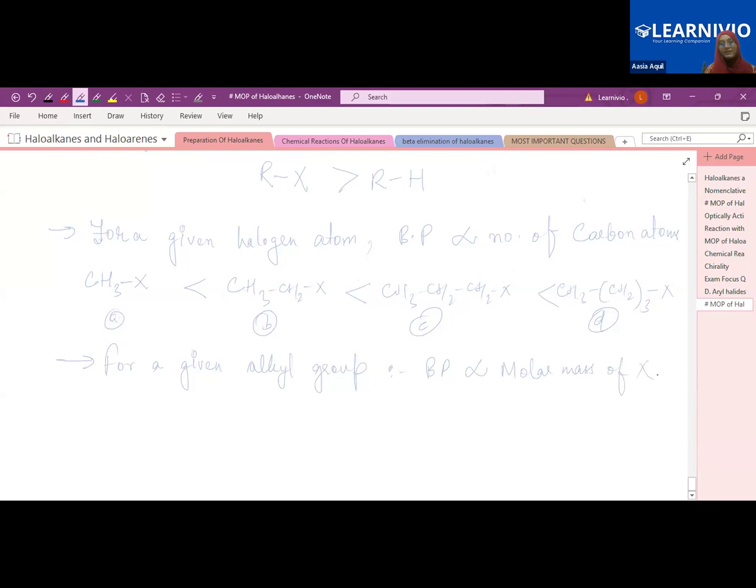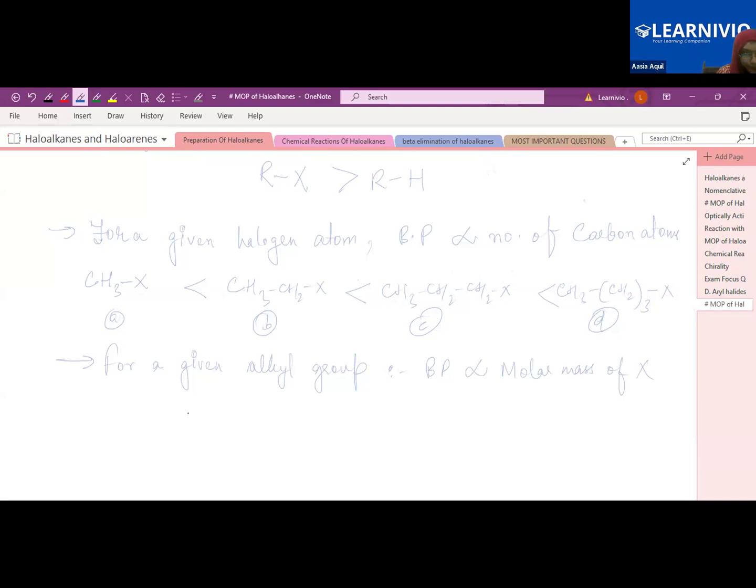Another very important point: here the halogen atom is different but the alkyl group is the same. If the alkyl group is the same and different halogen atoms are present in different compounds, then boiling point is directly proportional to the molar mass of the halogen atom.